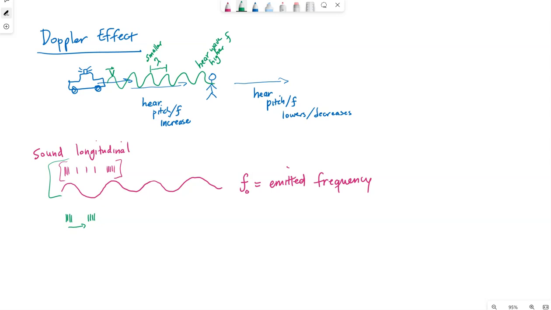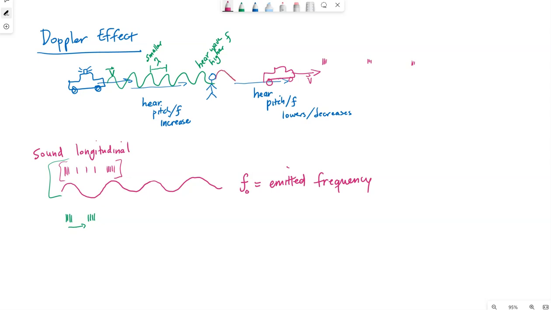So what we are observing is being affected by the motion of that cop car or ambulance, whatever it is that's emitting the sound. As the car continues away from us, this way, it's emitting the wave, but because it's also moving to the right, these compression areas become farther apart as far as our observations are concerned.